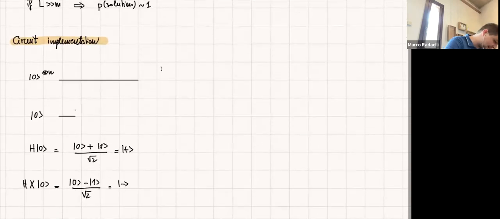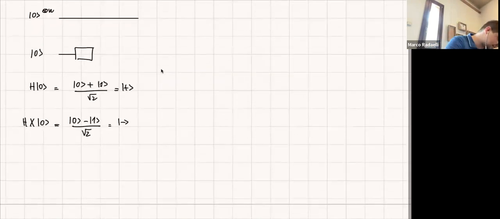So first, I apply an X. We may also use ZH, I guess. Yeah, there are many possible identities. ZH, yes, of course, this is correct, because ZH means that first we apply H, and we go to this state.